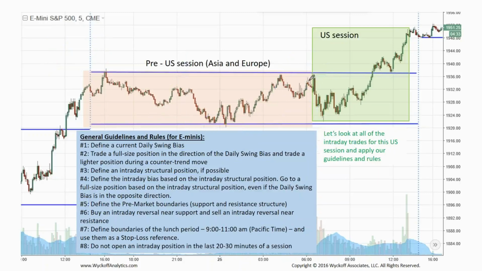So we can definitely have a trade to the downside that's going to have a full size.